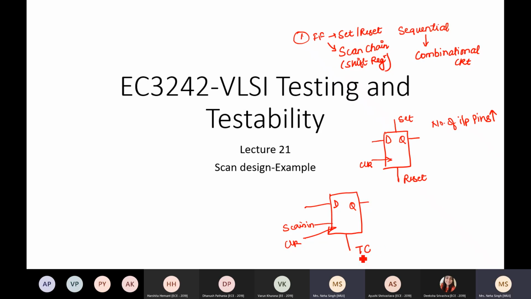This TC is used to control the mux which lies inside this D flip-flop. When I have that TC set into scan mode, whatever data I put in here enters into the D flip-flop and it goes at Q. This happens at one flip-flop.